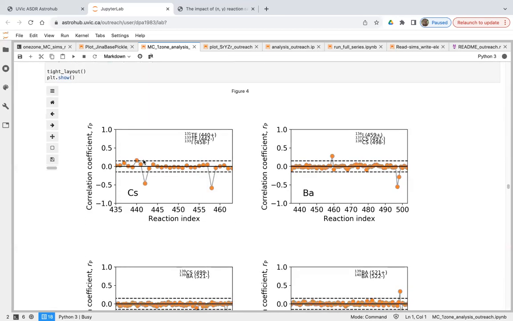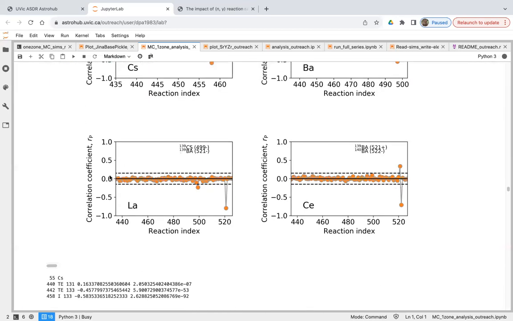By choosing 0.15, we say that below 0.15 we just assume there are no correlations. And finally, these two points, this one and this one, which are outside of the dashed lines, show reactions with correlation coefficient above 0.15 by absolute magnitude, because here it's negative, here it's positive.